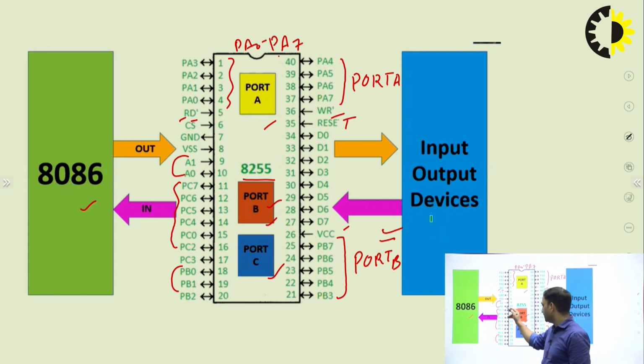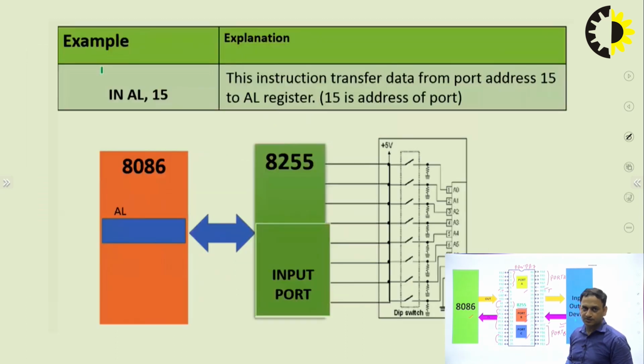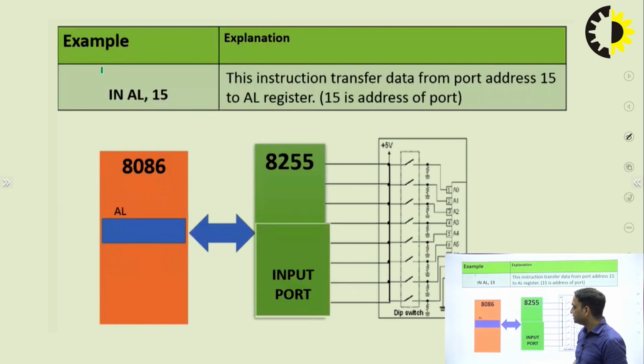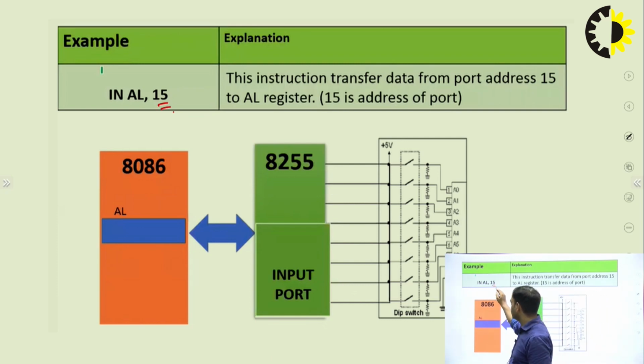These two pins A1 and A0 tell whether port A will be in use, port B will be in use, port C will be in use, or the control word register will be used. A simple instruction for that is IN AL, 15, where 15 is nothing but the port address. This is the example.